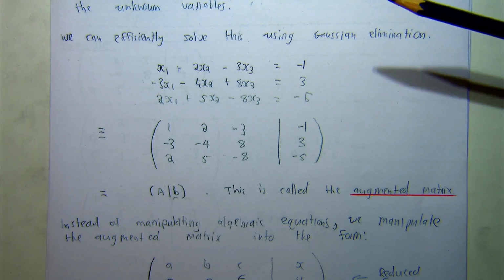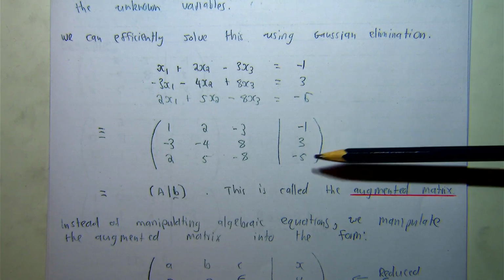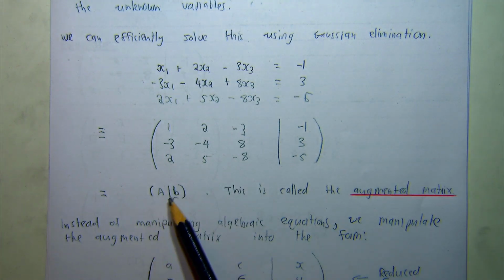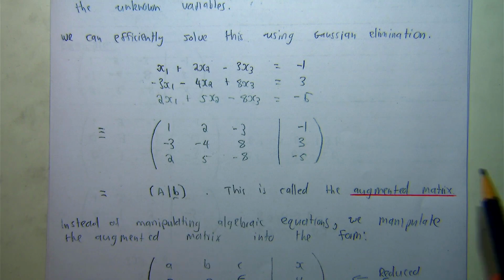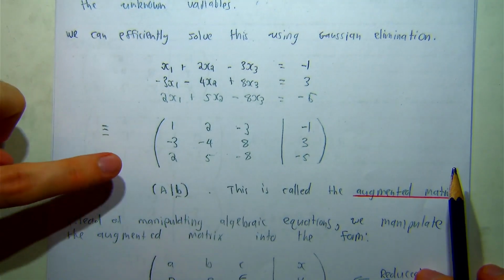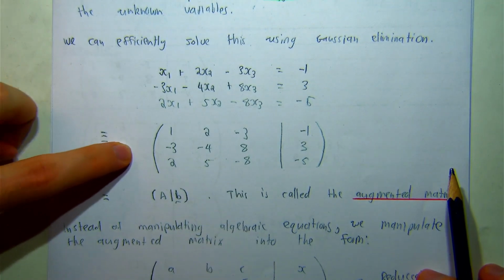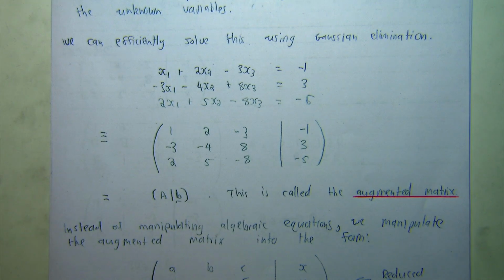On the right hand side is what these are exactly equal to, minus 1, 3, minus 5. It is A with this line through here, B, and together this is our augmented matrix. And the idea is that solving this system by applying a methodology to the augmented matrix is efficient, quick, and easy, and is how we can work out the solutions x1, x2, and x3.